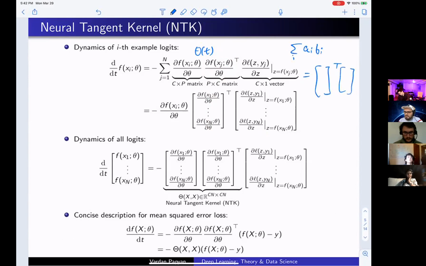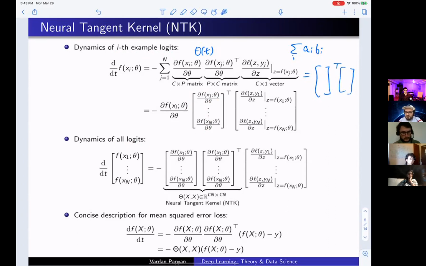Now, at this point, again, let us make sure we understand the dimensions. So df to d theta is for a single example. So it's a matrix of size c times p. And we're stacking a bunch of matrices. So it's kind of like a block matrix. Now, what we're going to do is look at the dynamics, instead of a single example, of all the logits of the whole data set.